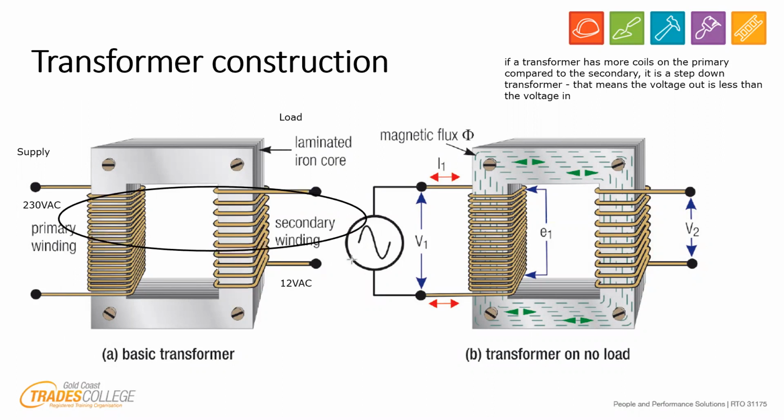So the magnetic field is going to go like this, and when it gets big, that's called expanding. Notice that it's expanding over the secondary winding.